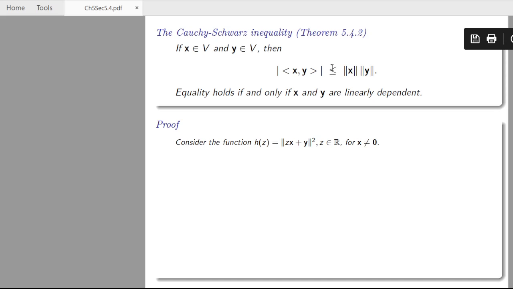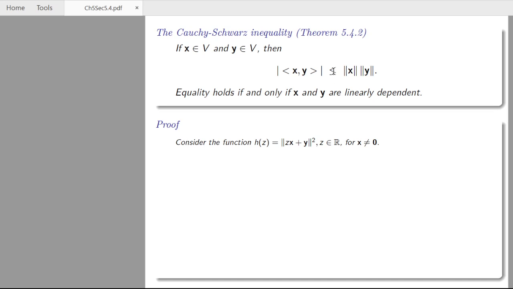If we consider equality, then the equal sign holds if and only if x and y are linearly dependent.